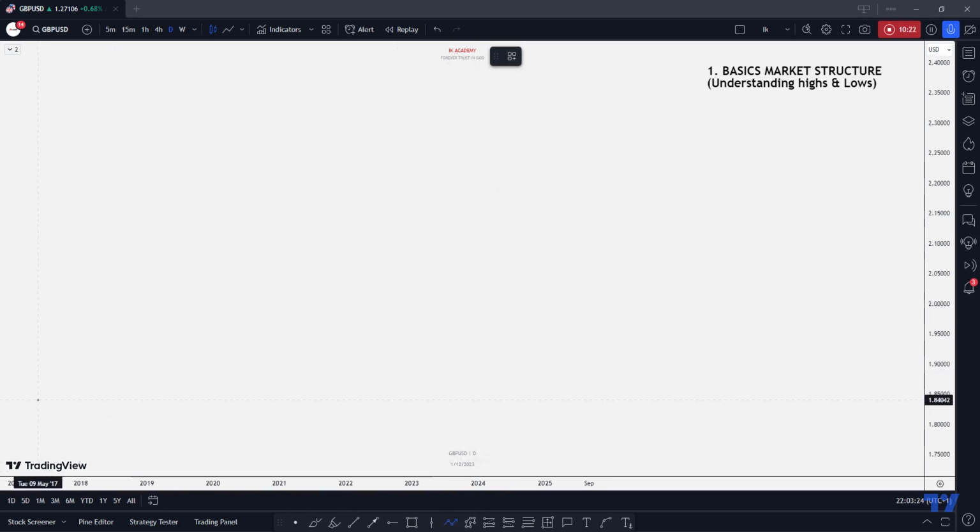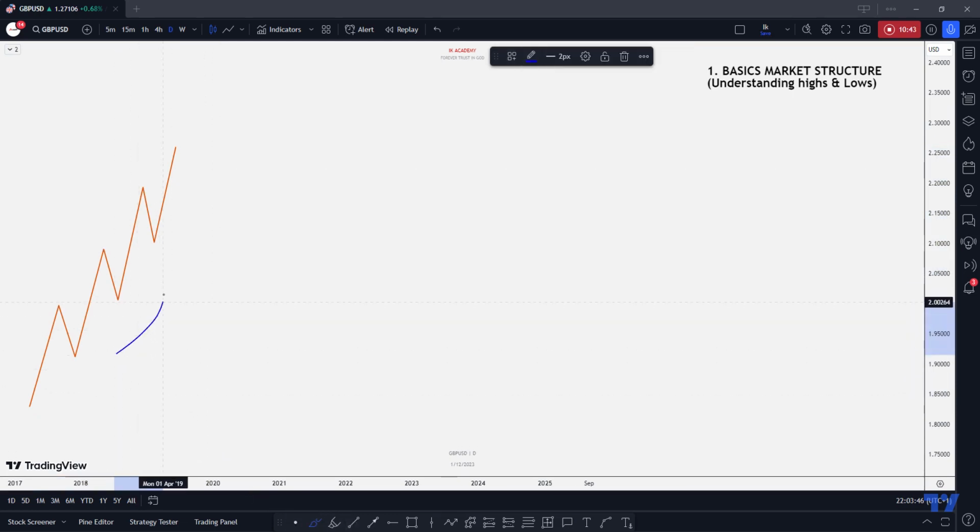So when price is moving in this kind of behavior or pattern, higher highs, higher lows, higher highs, higher lows, higher highs, this basically means that price is creating a bullish trend, an upward trend.